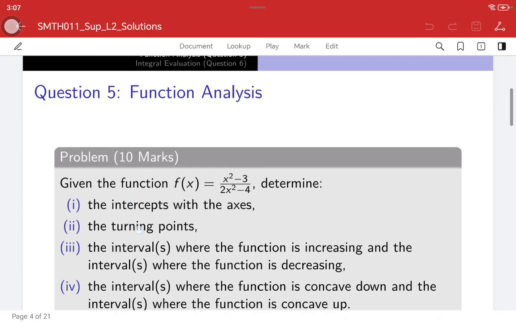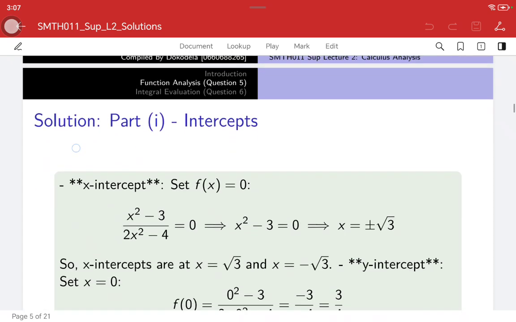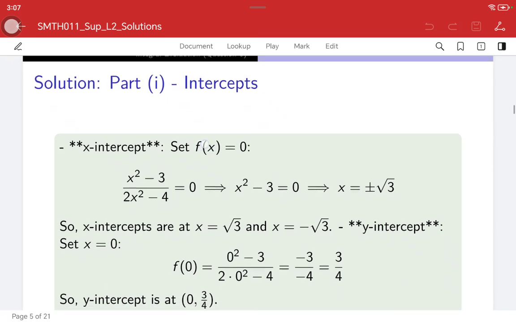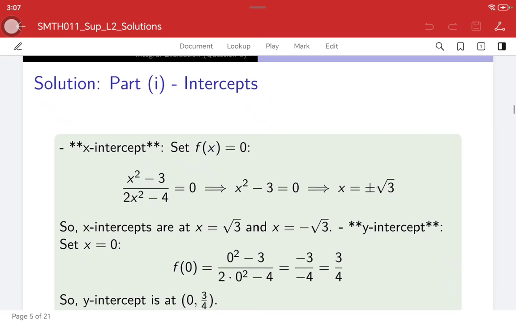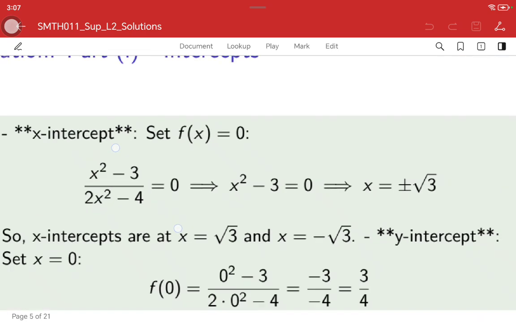Now when we come to the first problem, they say that we must find the intercepts with the axis. So first we're going to look at the x-intercept. For the x-intercept, remember, y or f of x should be set to 0, right? So if I set this to 0, I can now solve for x.